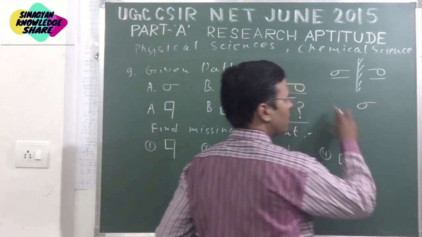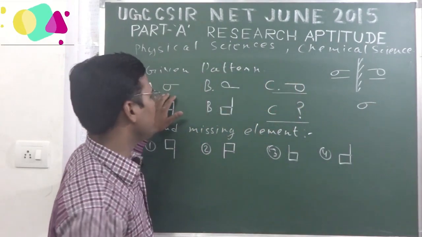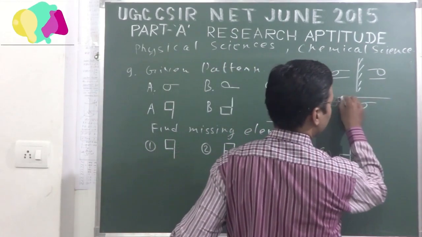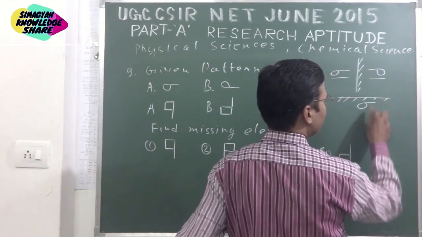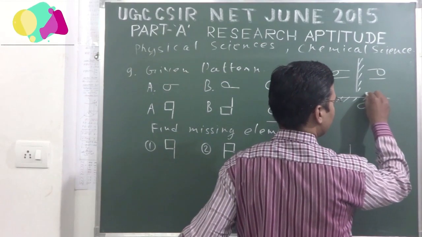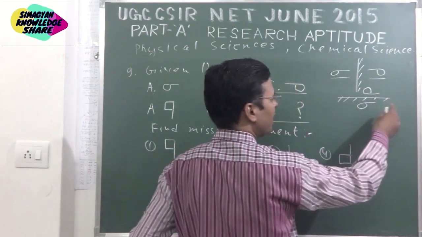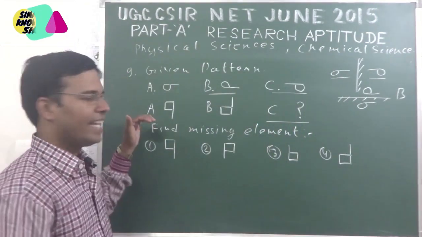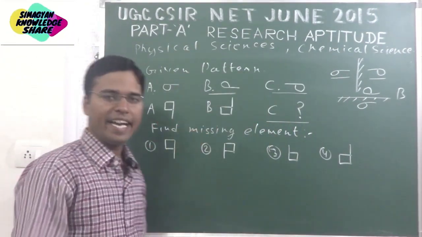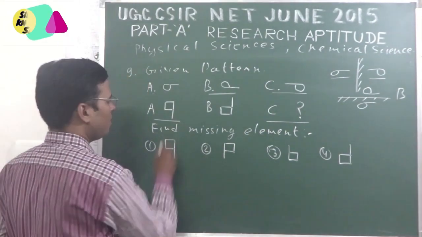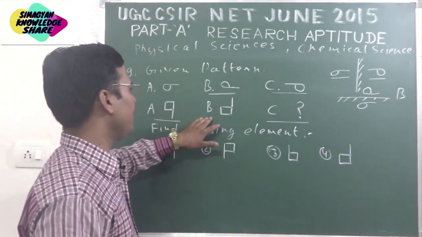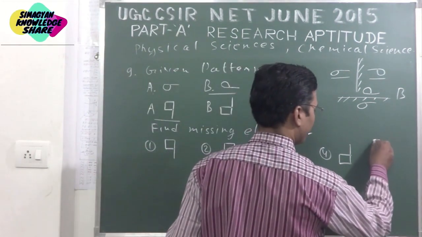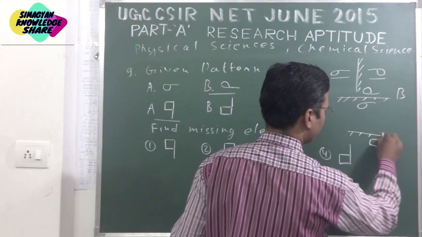If figure A is here and the mirror is configured horizontally, then we would get a figure like this. It is the B figure. Now in the second, incomplete question series, we would get the term B by configuring the mirror in the same situation.